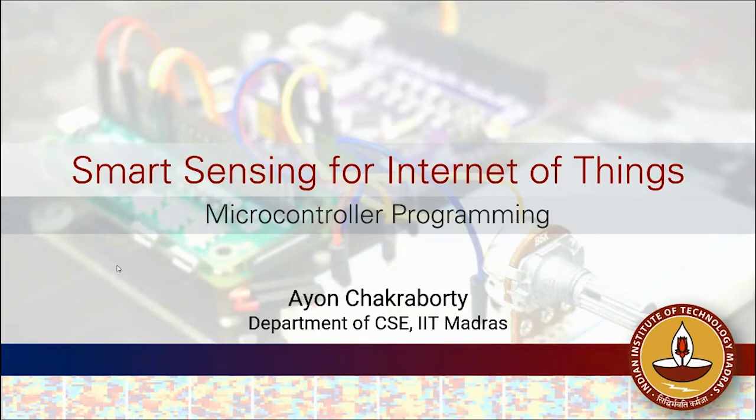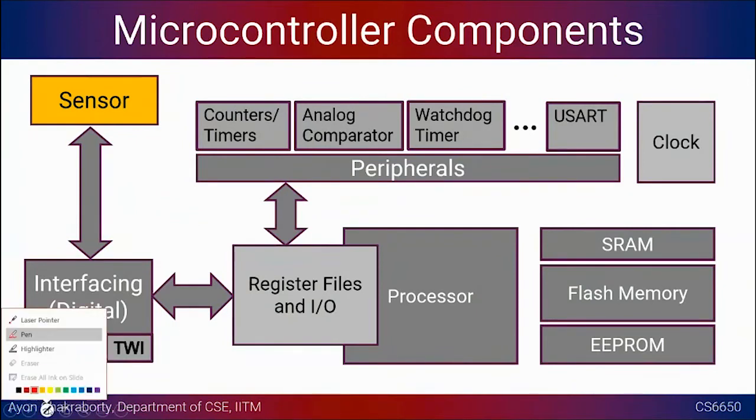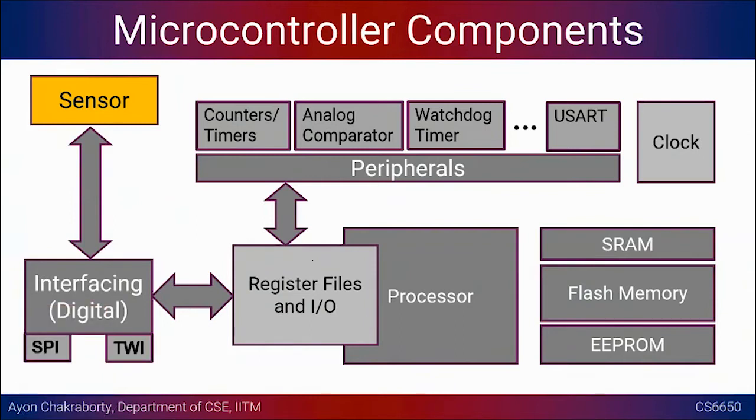Before we start looking into the programming per se, this is an overall picture of the different aspects of the microcontroller architecture that we have covered in the last couple of classes. If you remember, we started with understanding how a program is executed in the CPU.